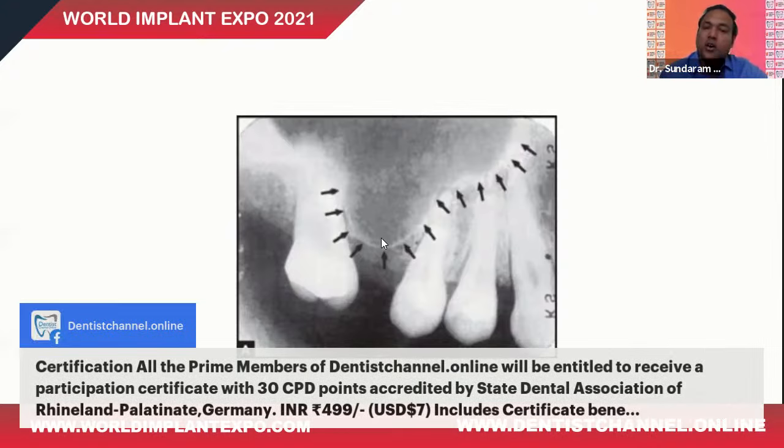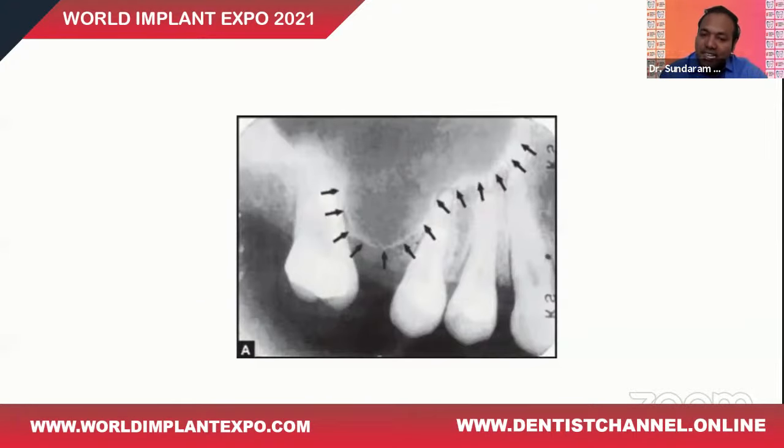Is it going to be flat or undulant? If it is undulant, I'll have to think only of doing a direct sinus lift. If it is even, I can think of doing an indirect sinus lift. So all such questions come to our mind. All such two-dimensional radiographs put in more questions rather than bringing us more clarity for the answers.